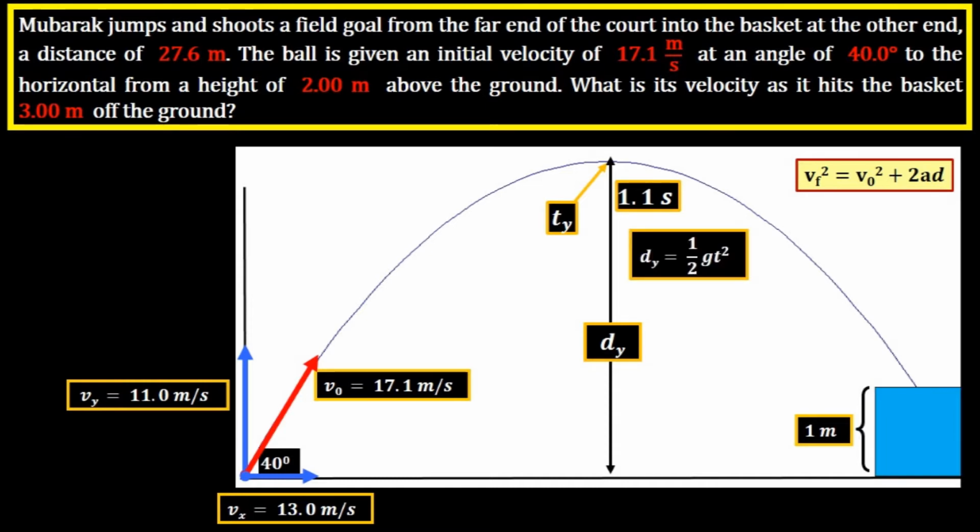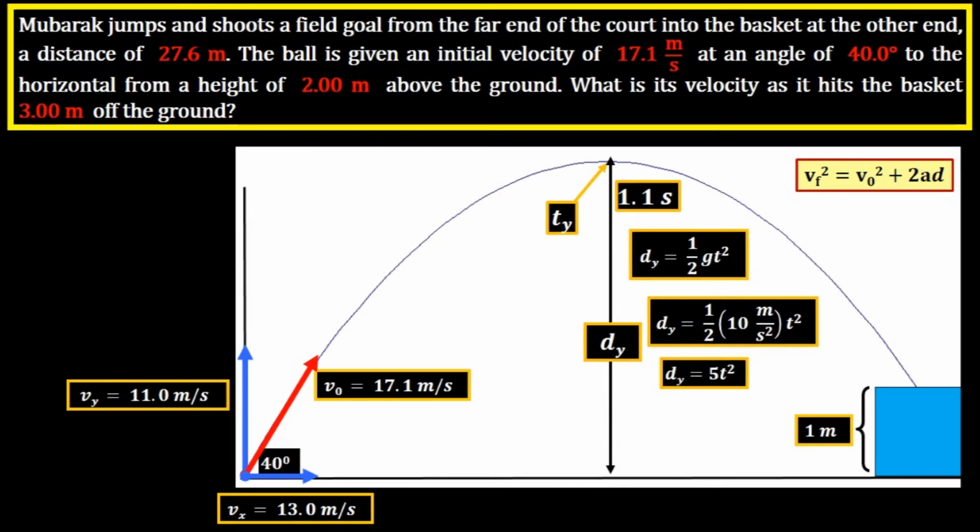We're pretending something's falling from Dmax, from rest, so you can use dy equals 5 ty squared. That's the simplified equation. You can always cheat and say it's falling from rest at that height. That's 5 times 1.1 squared. As I've said, I'm kind of dragging this out a little bit. And it's going to be 6.05 meters.